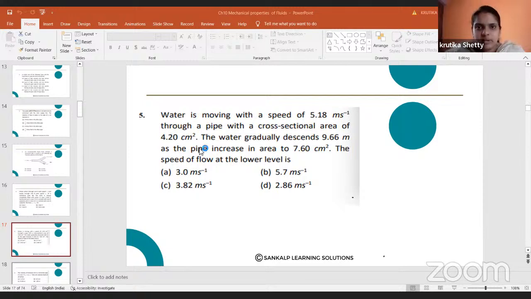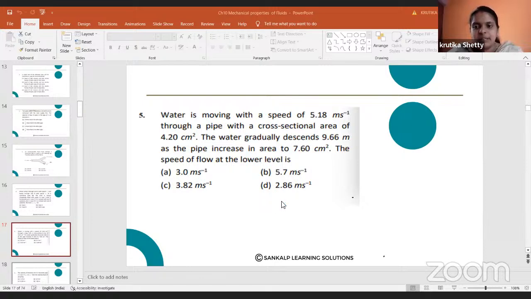So the area is increasing here. The speed of flow at the lower level is option D, 2.86. Yes, it is right.